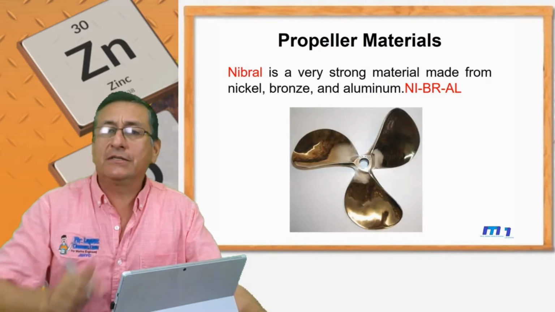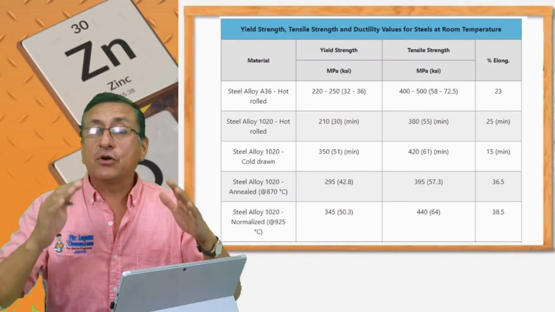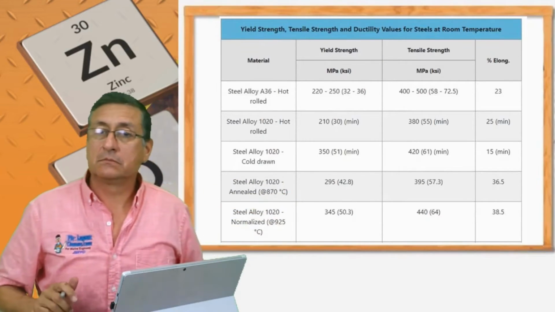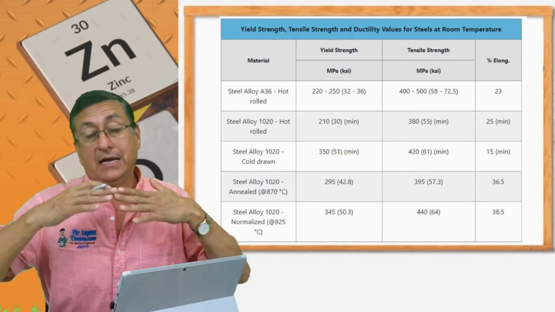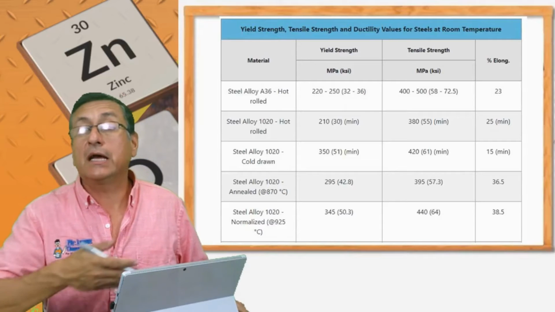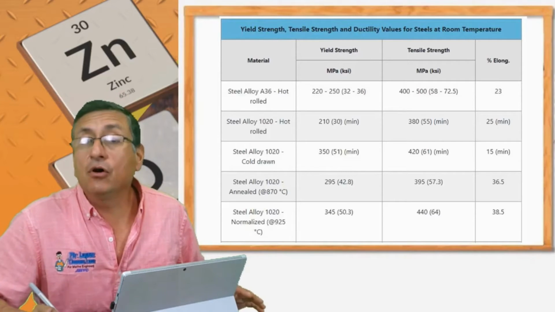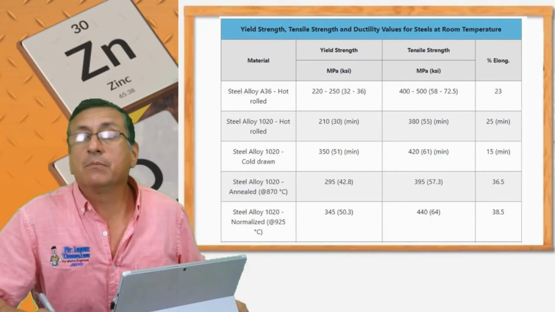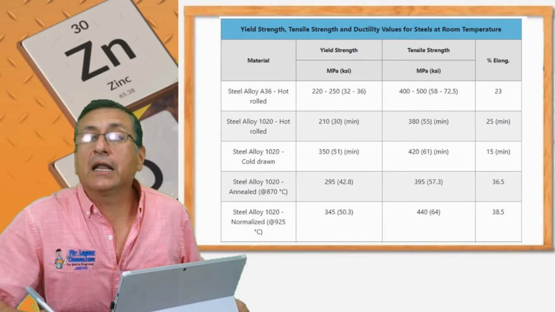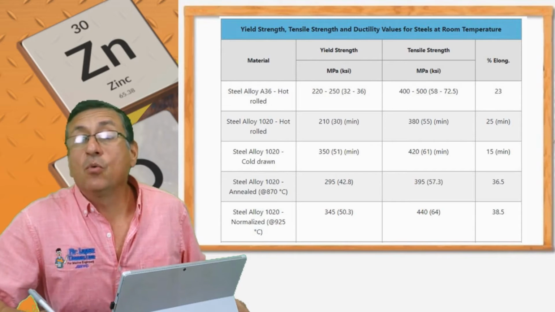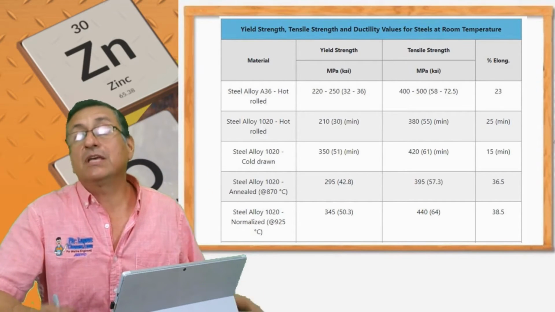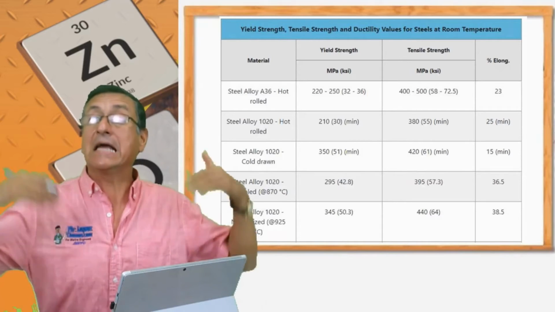Normally, the alloys have superior characteristics to the separate metals. For example, there are steel alloys with superior tensile strength to iron. Yes, there are alloys with 230,000 psi of maximum tensile strength. And there are ferrous alloys with maximum tensile strength superior to steel, because it's a combination of different metals with high tensile strength.